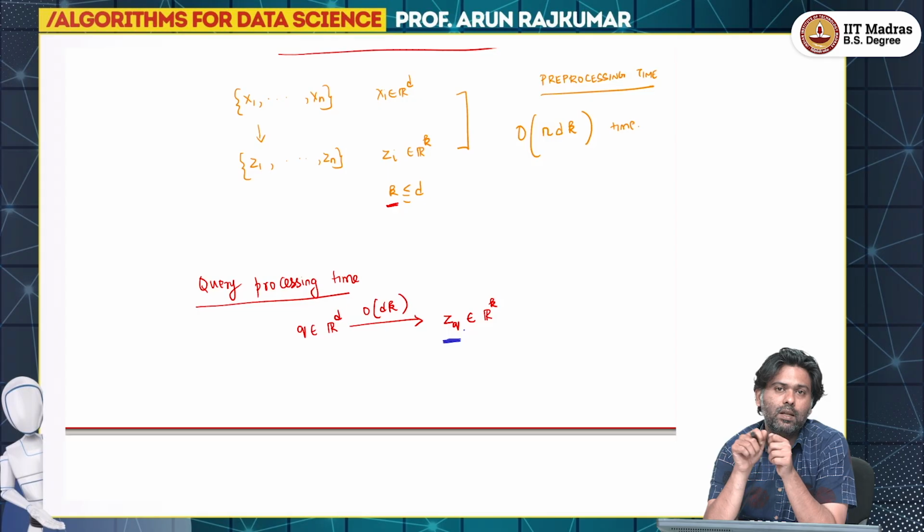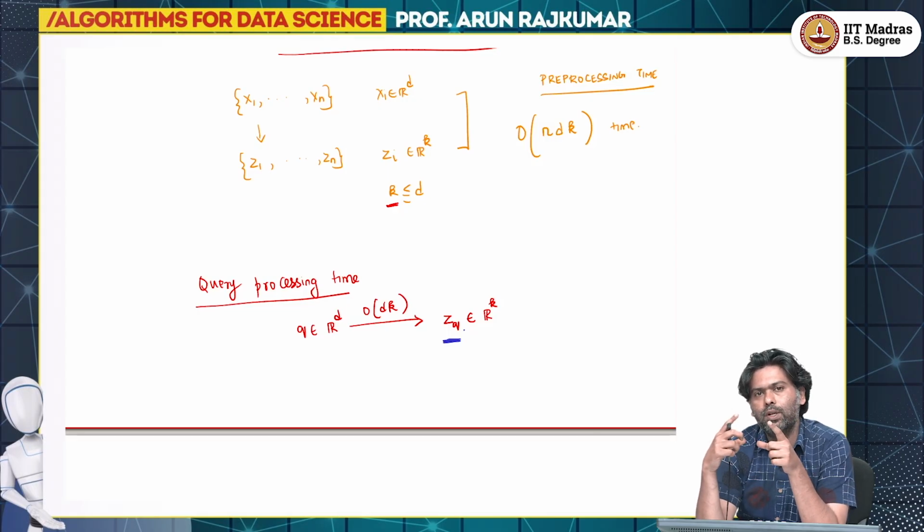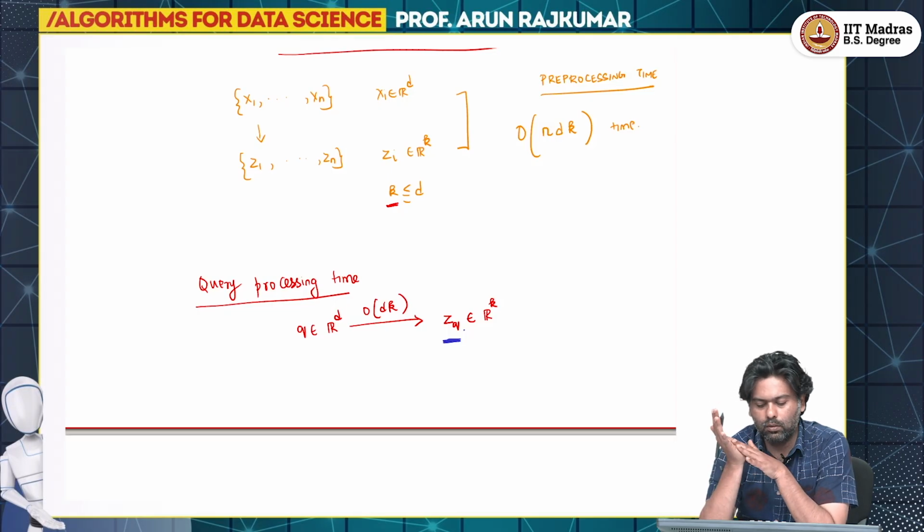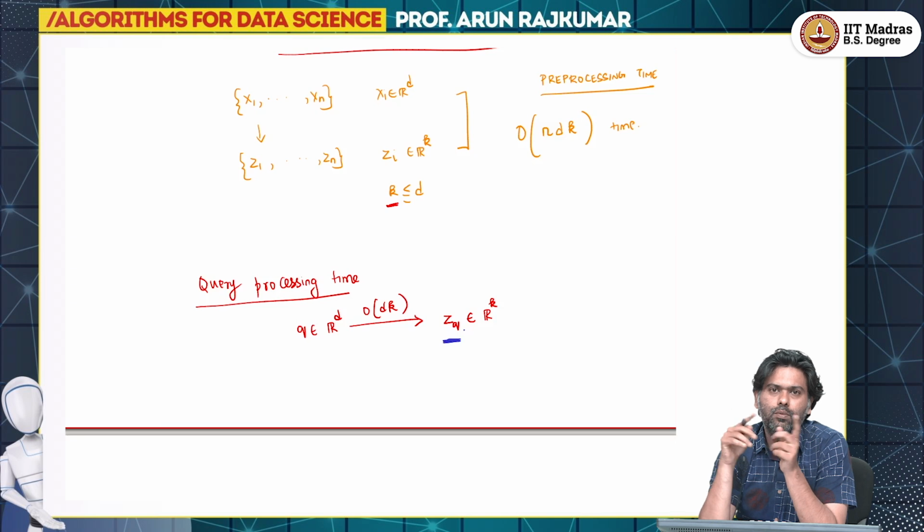The good thing is that they are in low dimension, right. So you will have to compute the distance to these points, and how would you compute the distance? Well, let's say it's a Euclidean distance for simplicity, which means this is going to be something like order of k, right. So there are two k dimensional vectors.